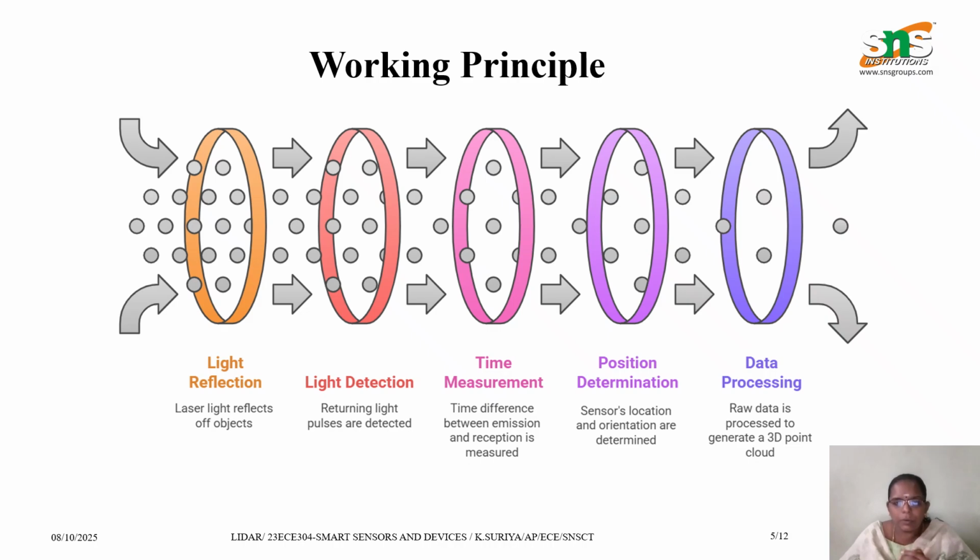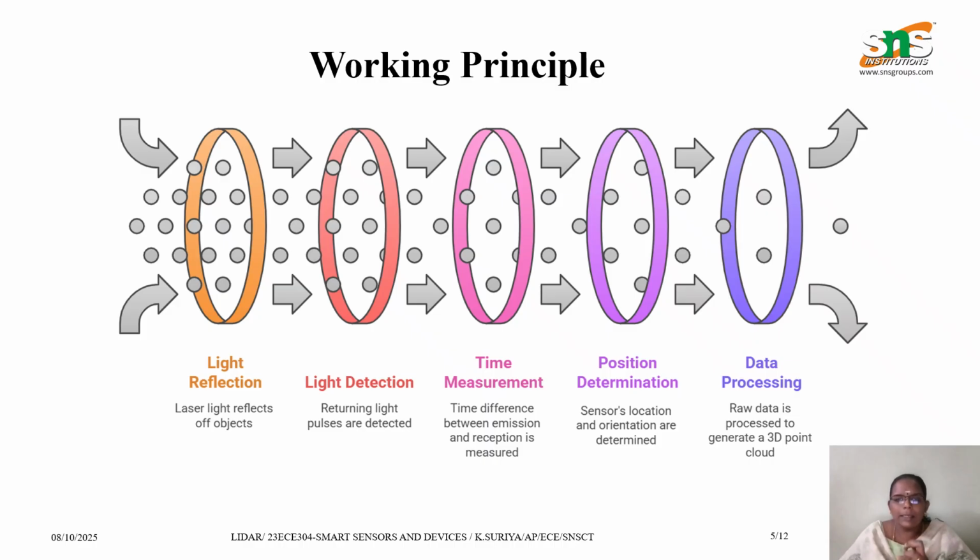The timing circuit precisely measures the time difference between the emission and reception of the laser pulse. The position and orientation system determines the precise location and orientation of the LiDAR sensor. This is typically achieved using a combination of the global positioning system and the inertial measurement unit, which is known as IMU.